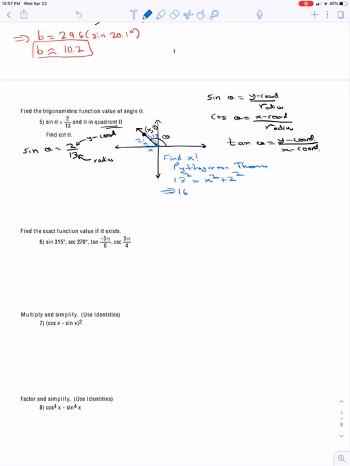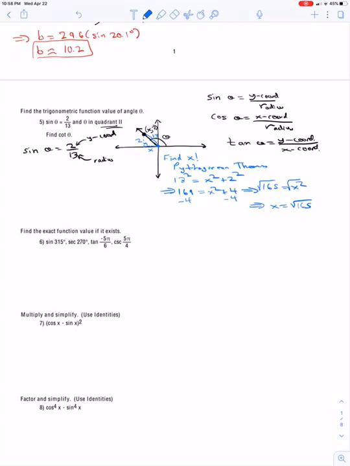All right, so that implies 169 equal x squared plus 4. Right? And then we solve for x, subtract 4, and that gives me what? 165 equal to x squared. And then take the square root to get x. So x is equal to the square root of 165.